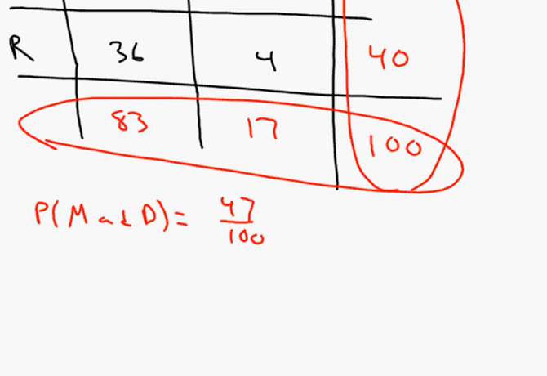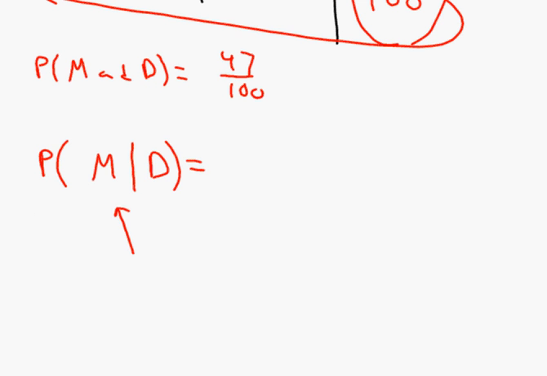But now here's the question I'm really interested in. It's called a conditional probability. So here's how you might want to write it. So probability of male, given that we chose a Democrat. Okay? That's what this really means. So we read this, probability of male, given Democrat. That means we've picked a Democrat. What's the probability the person's male?